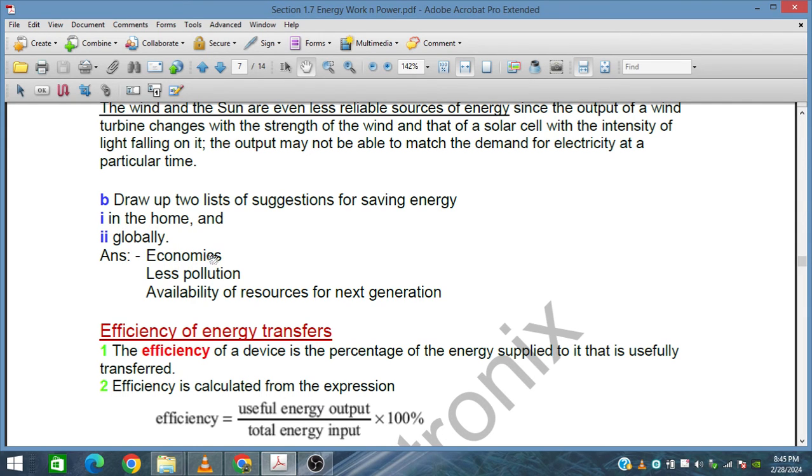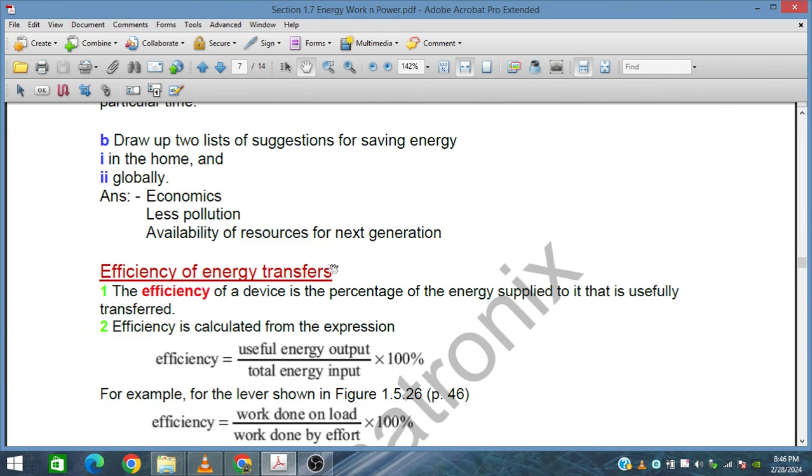It is economical, a low energy bill will be received, and it will create less pollution to the environment, and the resources will be conserved for the next generation. If we consume fewer resources, more resources will be available to the next generation. This is the important point.